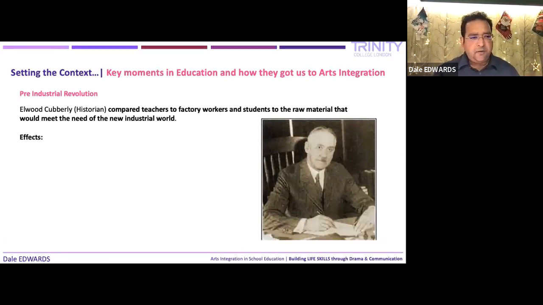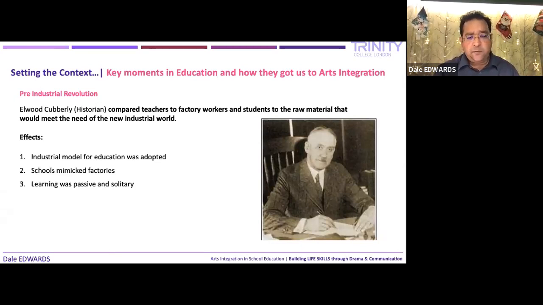So pre-industrial revolution, there was a gentleman, Elwood Cubley, who basically compared teachers to kind of factory workers. At that time, the industrial revolution was picking up some steam. And he said, well, teachers are the factory workers and students are the raw material for this new world that lies out there. Now, because of thinking like this, we started to see that the industrial model for education was adopted.